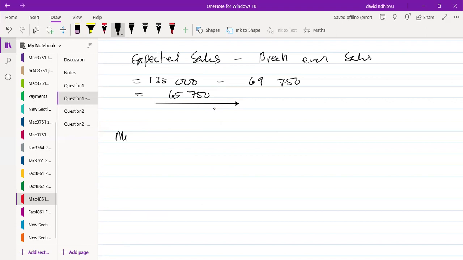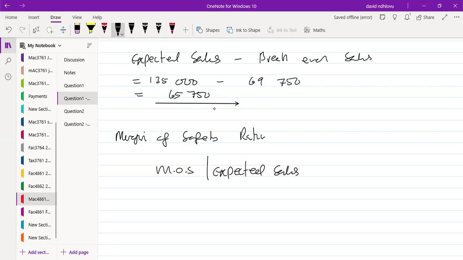If they want the margin of safety ratio, it is the margin of safety divided by expected sales, times 100 over 1. So in this instance, we can say 65,250 divided by 135,000, multiplied by 100 over 1.